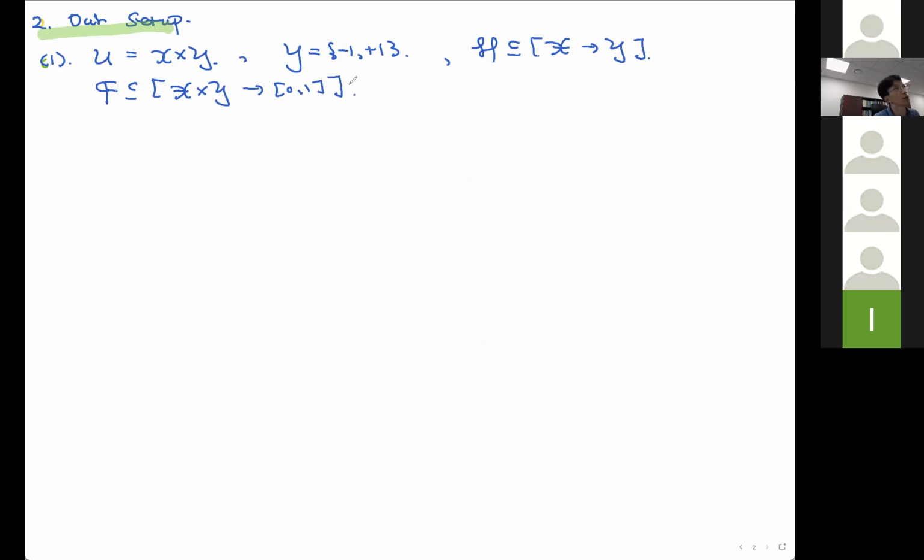So what kind of f are we going to use? In the textbook it's written as a g, but I'm going to continue to use this f because that's the symbol that I use. It's really a composition of a function from one hypothesis together with a loss function.